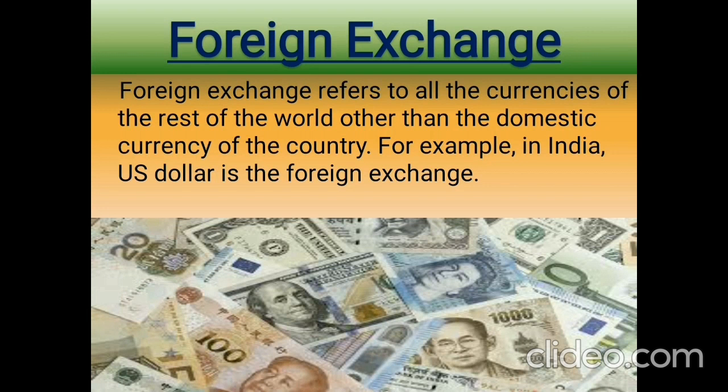All currencies other than the Indian rupee are known as foreign currency, or in simple terms, all currencies other than domestic currency are known as foreign currency. In India, currencies other than the Indian rupee are treated as foreign exchange. It is also named as forex.